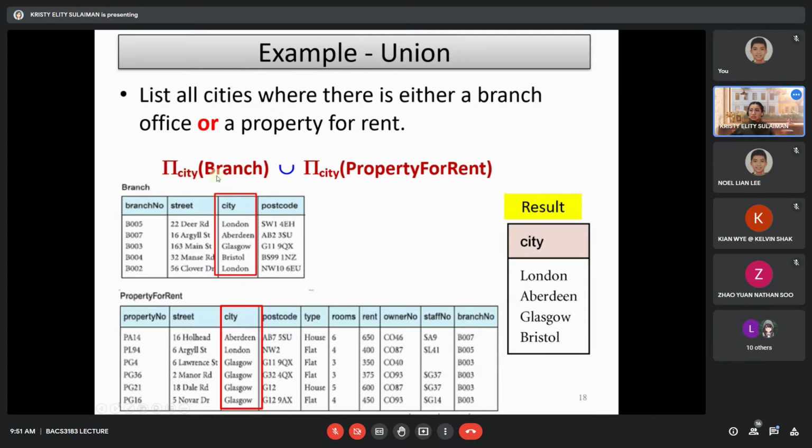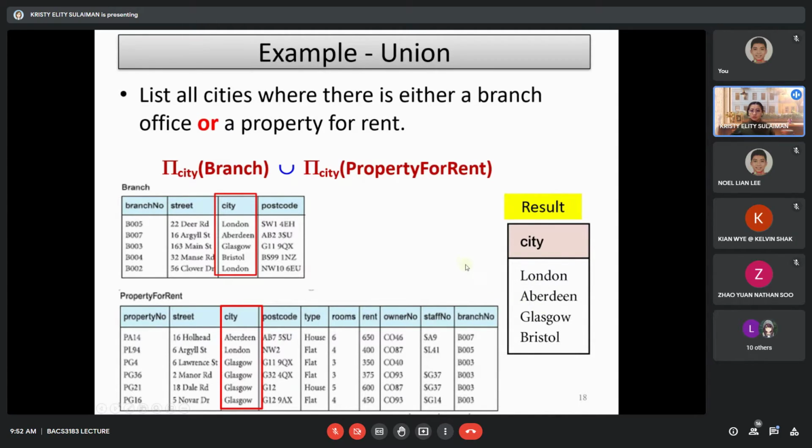We look at the city and we refer to the branch table and we get the city from property for rent. So we'll get this result. The union here is based on the city attributes from branch and property for rent. So we have London, Aberdeen, Glasgow, and Bristol.